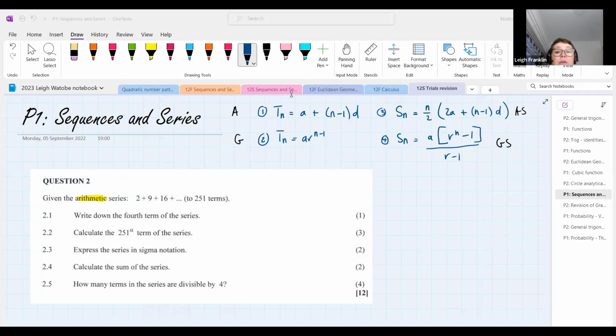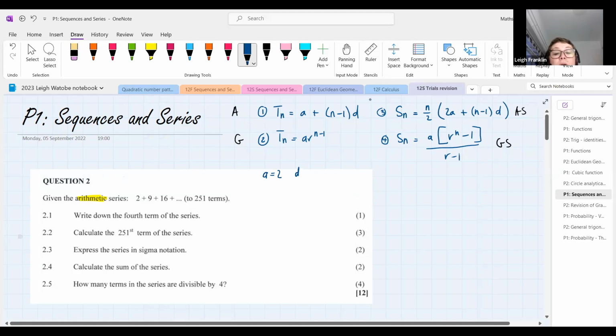It's 7. Good, quite right. So our difference is 7. We know that a is equal to 2, that's our first term, and we know that our difference is 7. So we want to work out term 4.